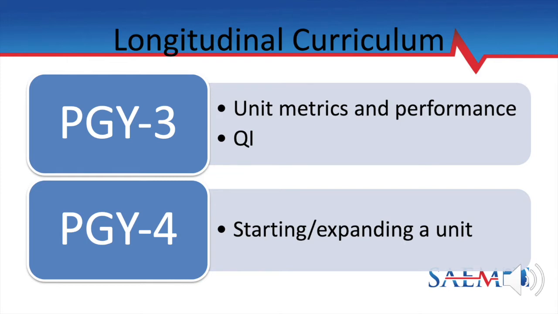And then for PGY4s or possibly fellowship level, talk about concepts of starting or expanding a unit. These aren't obviously hard and fast rules, but it's just a way to transition them from very easy patient level stuff to more unit and ED level stuff.